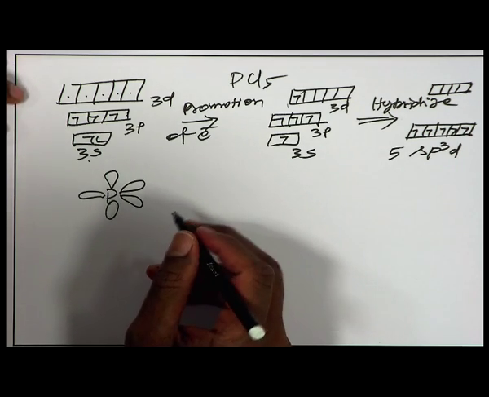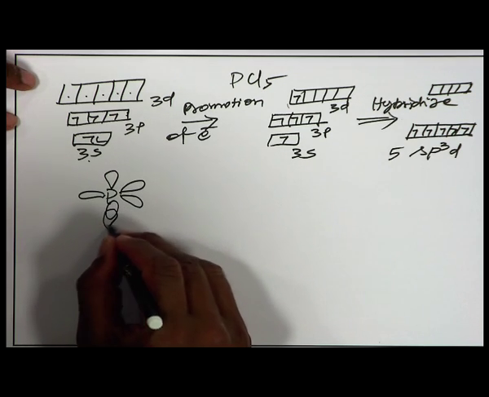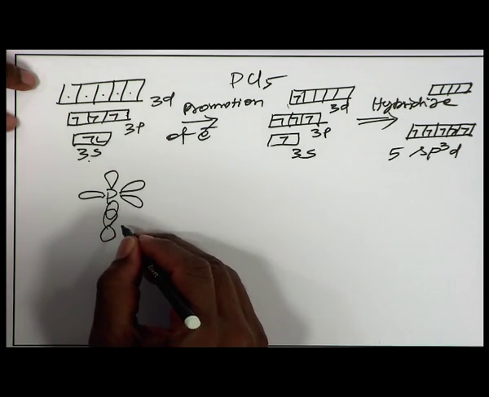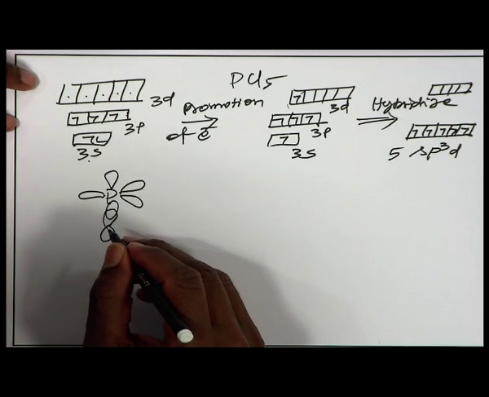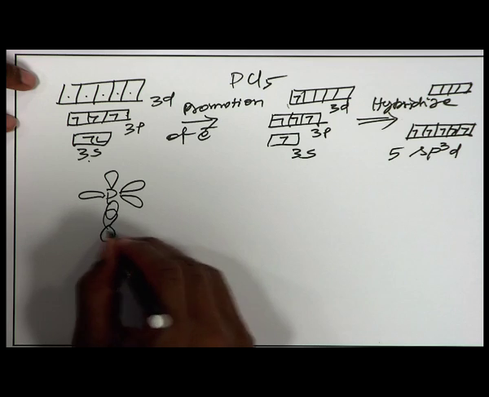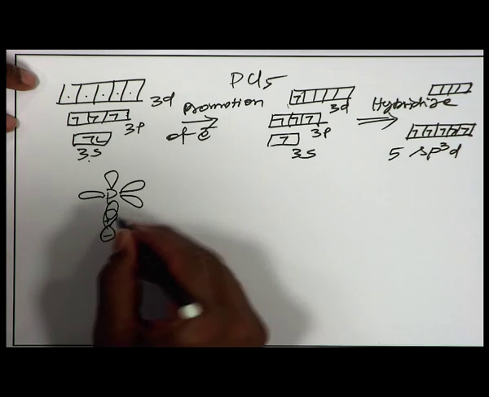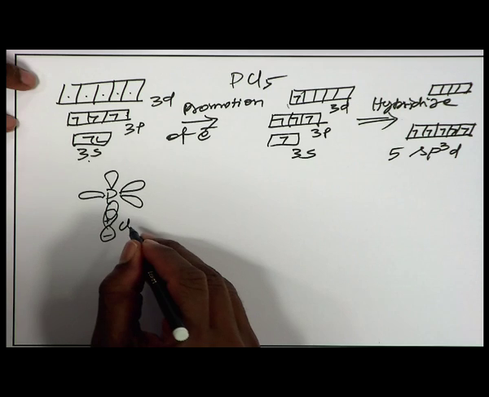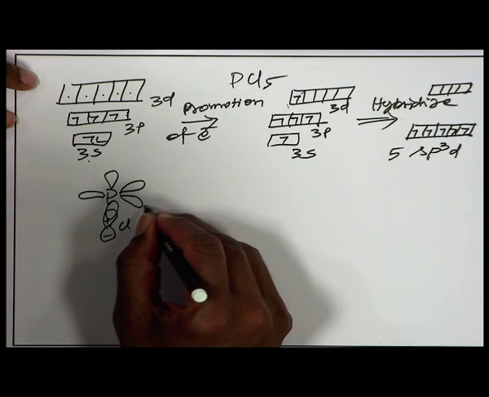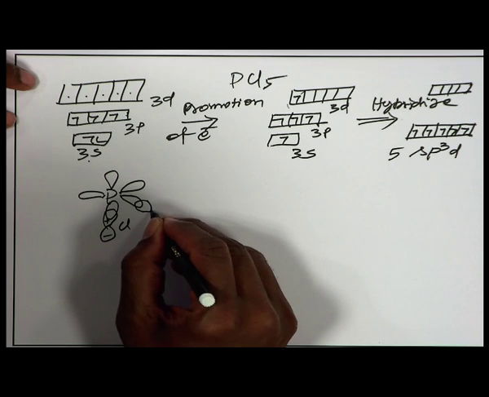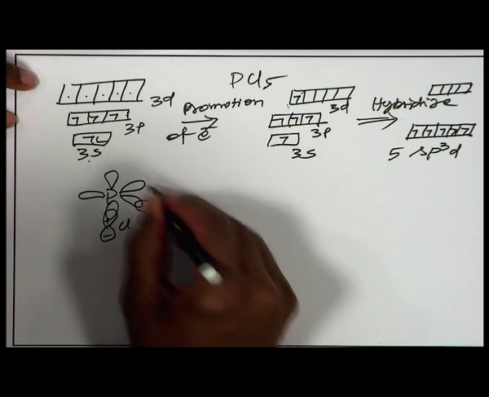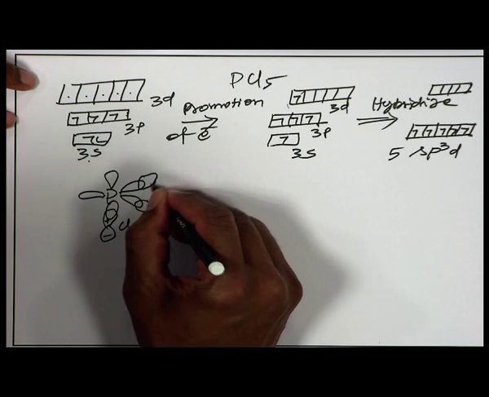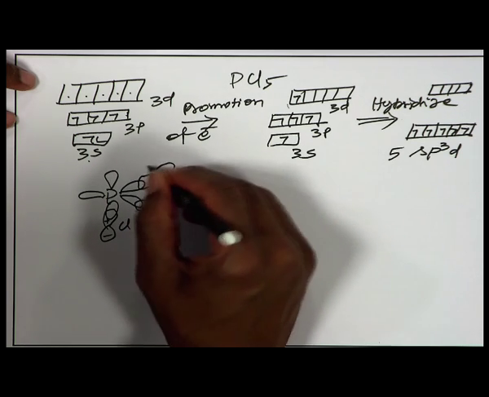ready for forming a bond. So, you have a head-on overlap with the chlorine singly filled p orbital. So, that is positive, this is negative. Okay, so this is a chlorine, and then similarly you can have an overlap with another chlorine atom. You can also have an overlap with the p orbital of another chlorine atom.